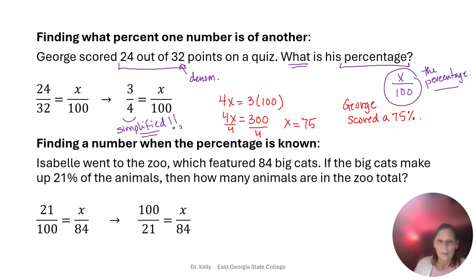So again, you want to instruct your students to look for helper things in their word problems. And the helper thing here is the fact that we have 21%. Because we have 21%, we know one of the two proportions. So we have the 21 over 100.